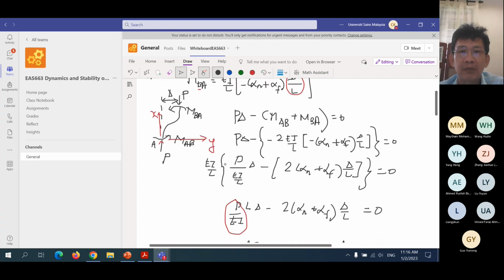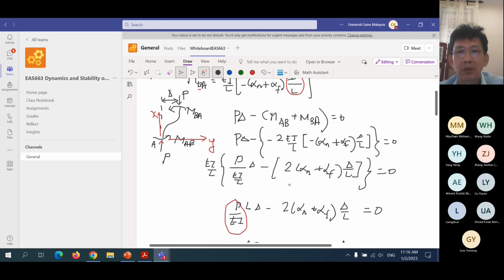After that, we can then just work with this equation here. So this is the first thing: we rewrite this equation by factoring out the EI over L.